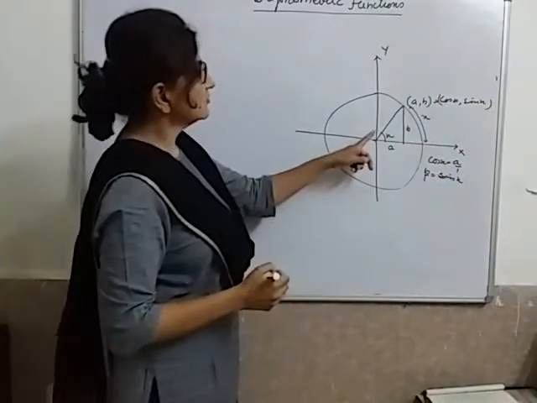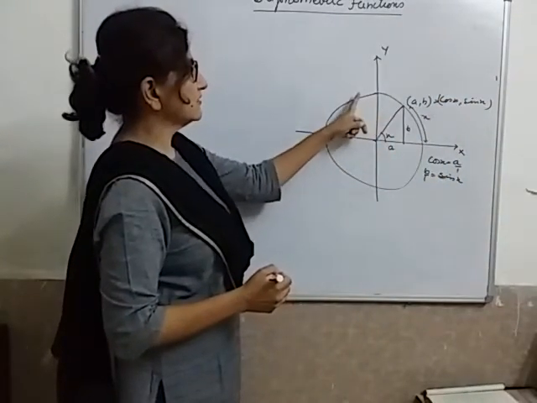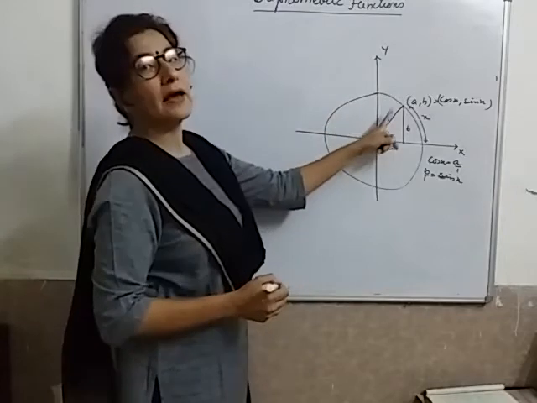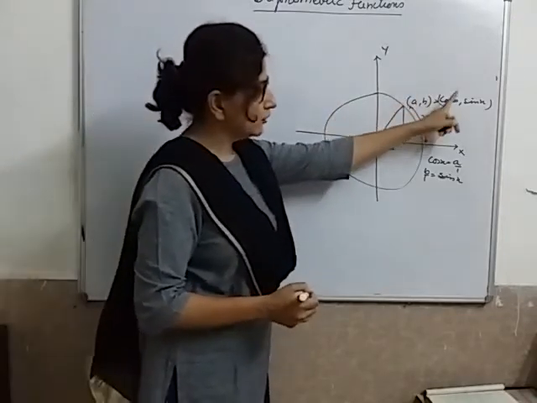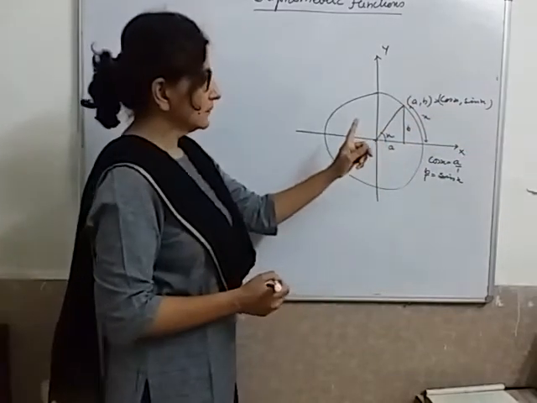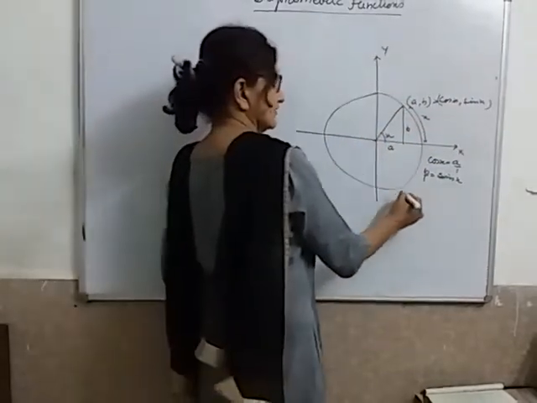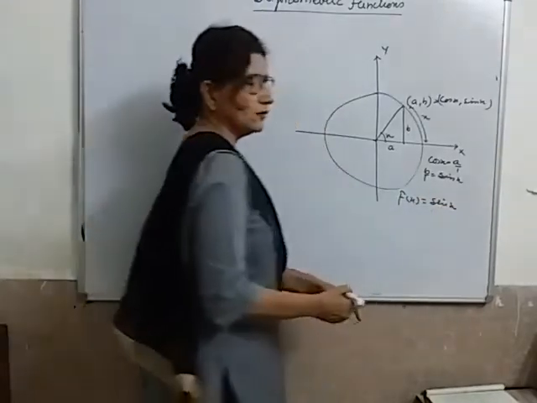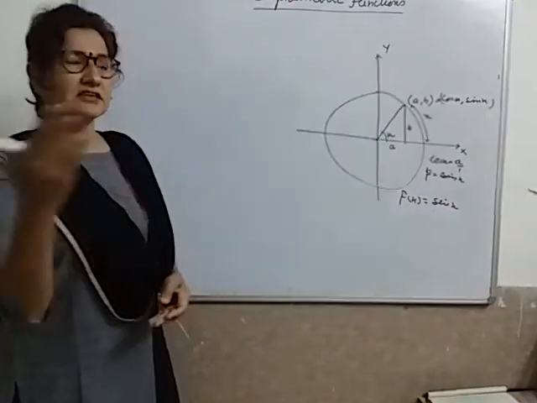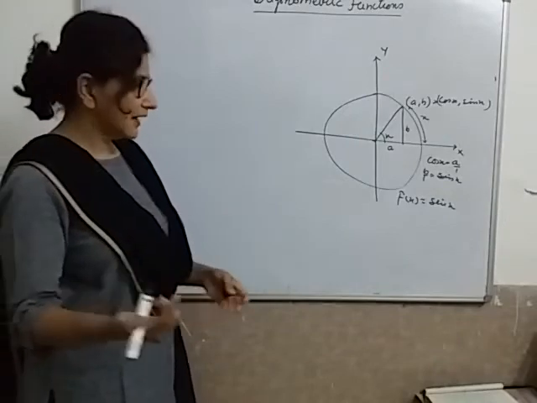Now as this x will change its position in the circle, means my angle will change, my value of cos x and sin x will change. So I can say that if my function is written like this, what is a function actually? For every x there should be a unique value of f(x), right?